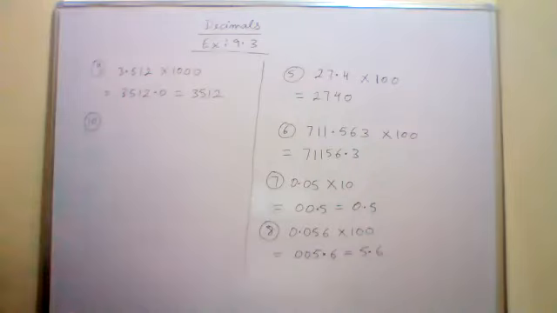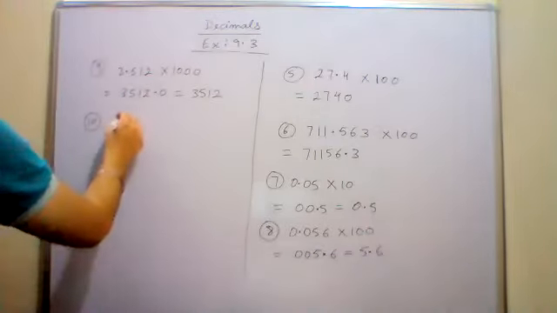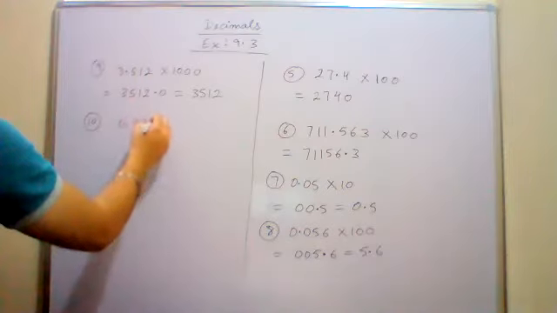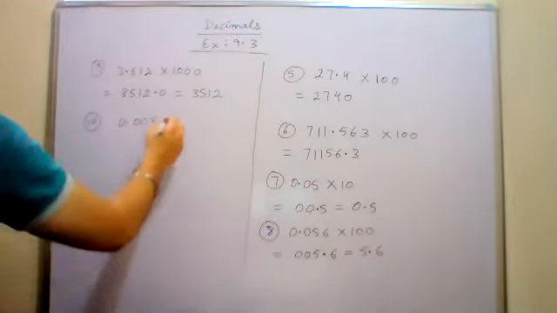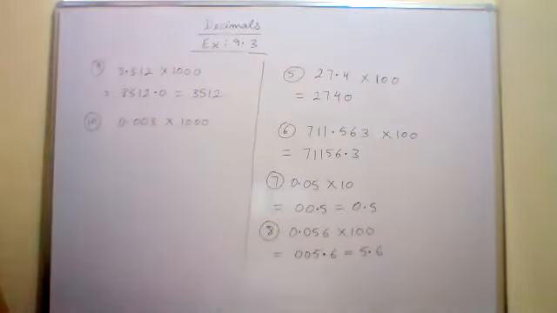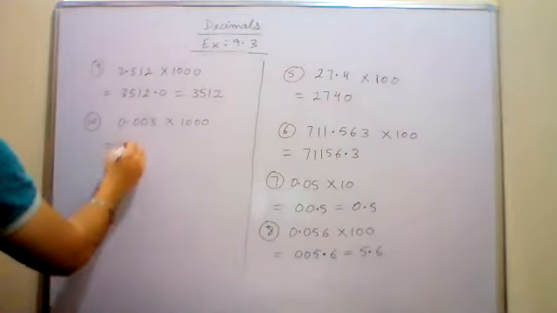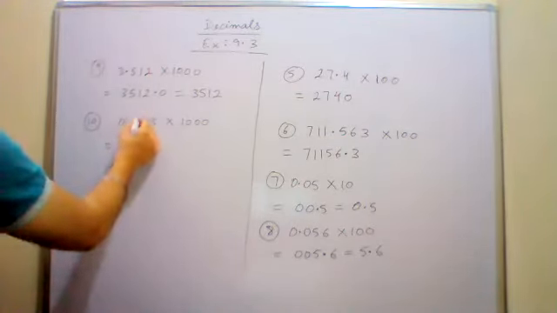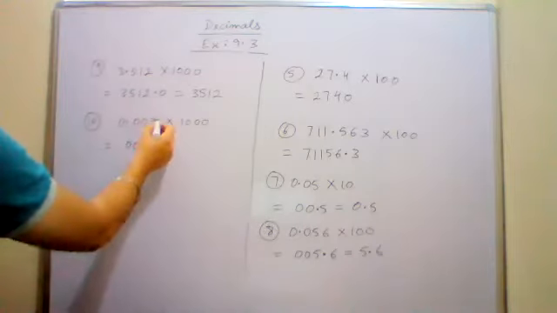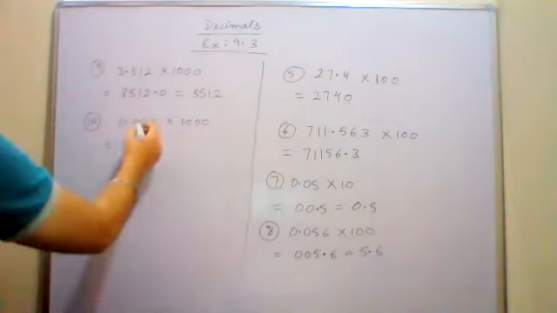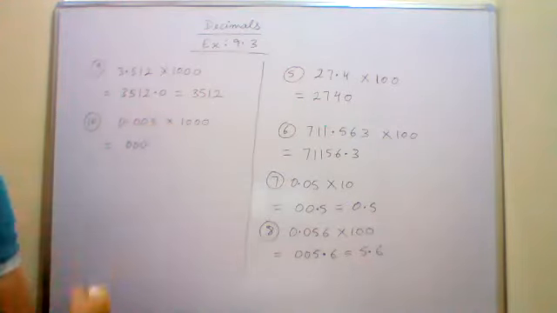Tenth part, 0.003 multiplied by 1000. Again multiplying by 1000. So 0, 0, 0, 1, 2, 3. The decimal will come after 3. 3 places we have to move to the right. 1, 2, 3. So the decimal will come after 3.